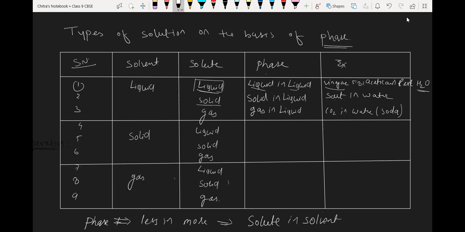You know that soda, Mountain Dew, Sprite, contain dissolved carbon dioxide. Sir, then we can write salt formula in water like that. Yes, NaCl in water, we can write that.